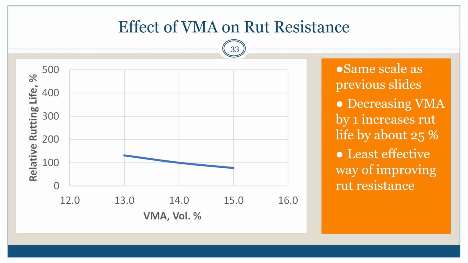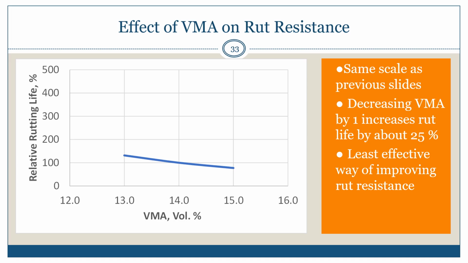As I mentioned before, you're often not going to be able to reduce VMA because mix designs are often set up so that the VMA is just a little bit above the minimum required value. But if you can, lowering VMA will improve your rut resistance. If you can decrease VMA by 1%, your rutting life will go up by about 25%.